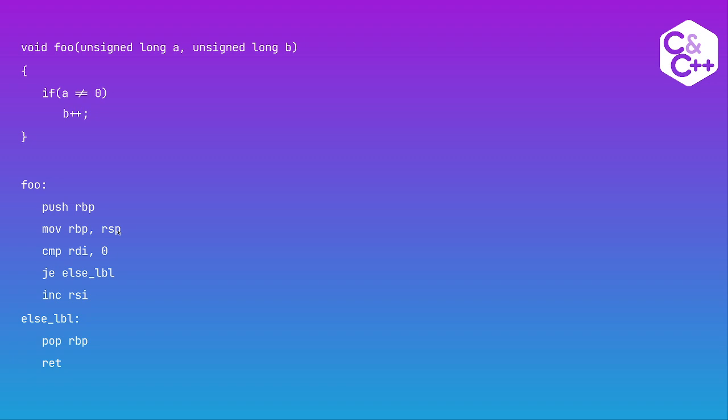We're not using any local variables, and we're going to compare RDI to 0. If it's not equal, we jump to the else label. If it is, we go to increment RSI. And then we're going to pop whatever's on the stack, which is the previous RBP value, off the stack and put it in RBP. And then we're going to return.